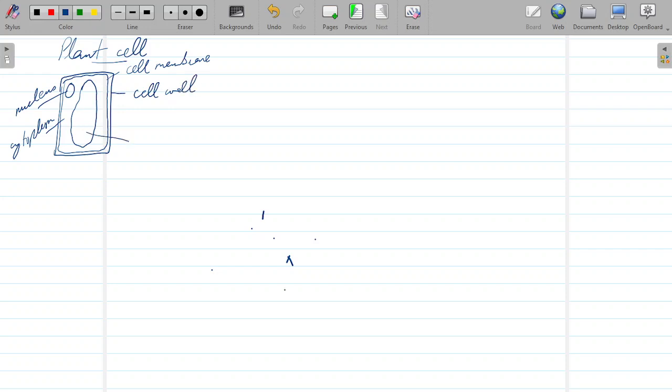And then you've got this large sort of empty space, so to speak, a vacuole. So the cell wall and the vacuole are unique to the plant cell compared to the animal cell. So what do these two structures do?